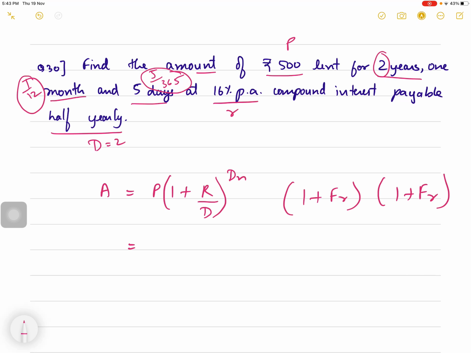So A is equal to, principal is 500 into (1 plus rate of interest is 16%, so 0.16, divided by 2), raised to D is 2 and n is also 2. So 2 into 2, 2 into 2 is 4. Then 1 plus fraction of a year, 1 month, so 1 by 12 and r is 0.16.